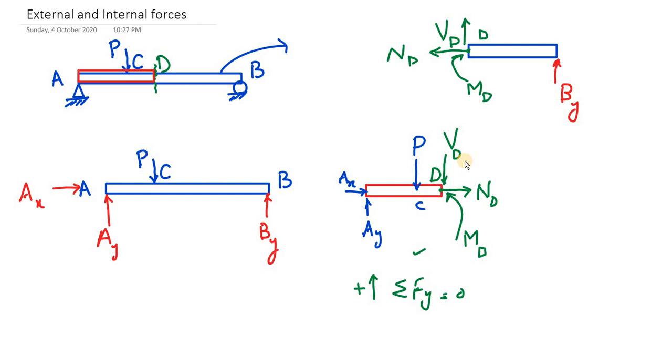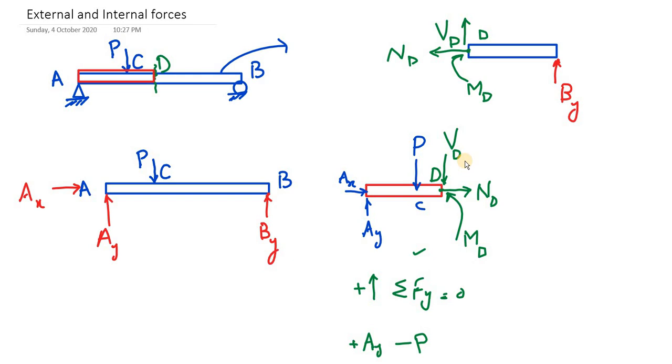So if AY is acting upward, it will have a positive sign. P is acting downward, so it will have a negative sign, because it is opposite to my local sign convention for writing this equilibrium condition.